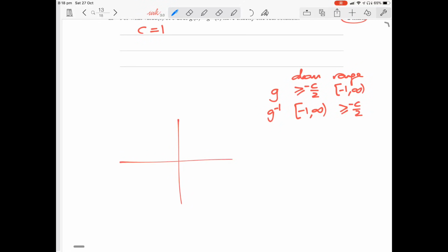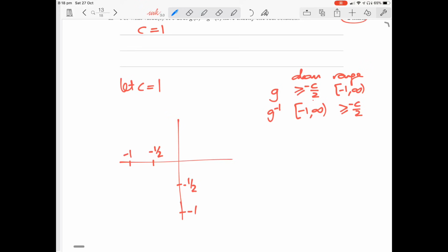So g is negative c on 2, so if we let c equal 1, we're going to get negative c on 2, which is negative a half. Just going to make it bigger, negative a half. So negative a half, negative 1, negative a half, negative 1.